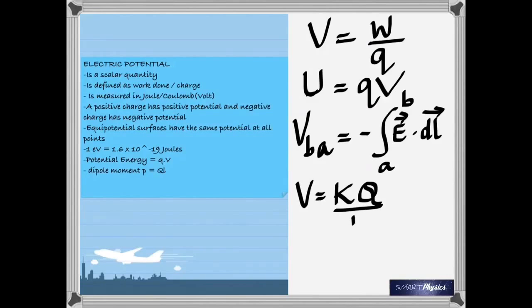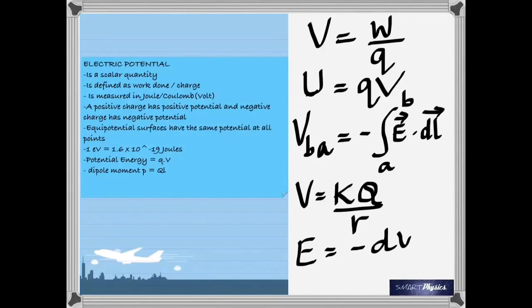And then the potential due to a point charge at a distance r from it is kq by r. Remember that this k is 8.99 times 10 to the 9, but you may take it as 9 times 10 to the 9. That is the potential due to a point charge.